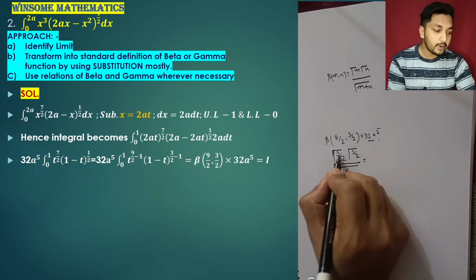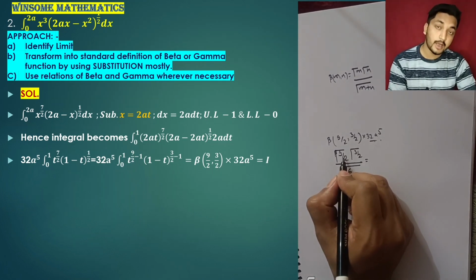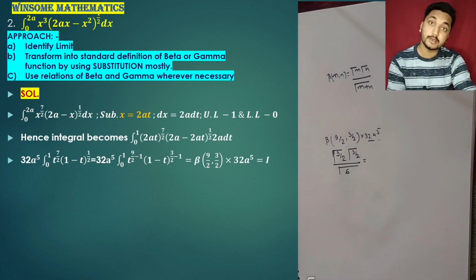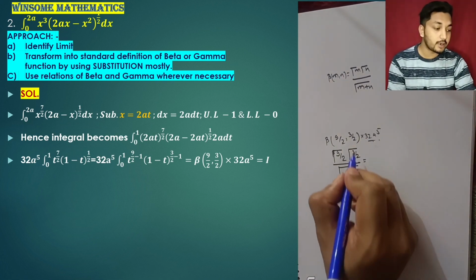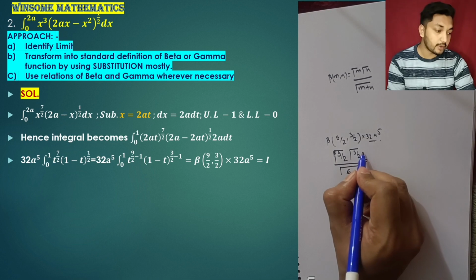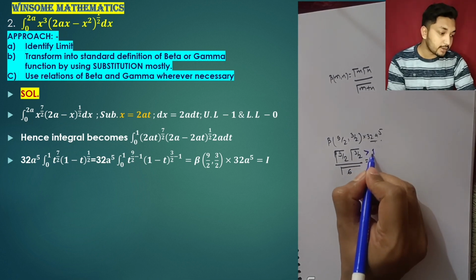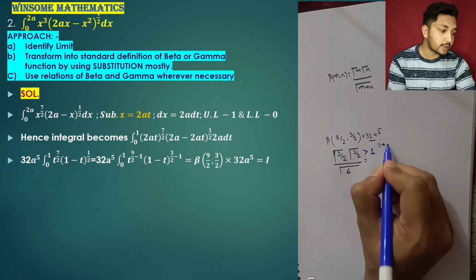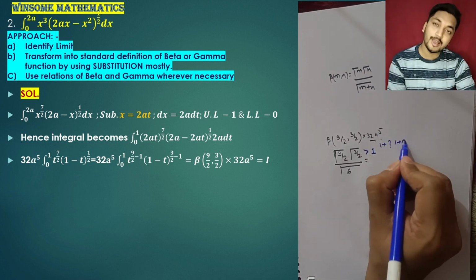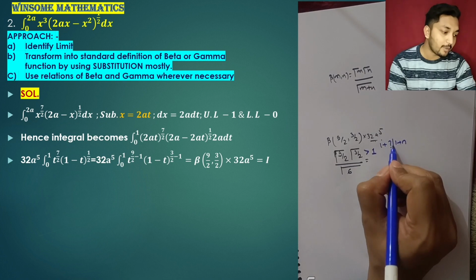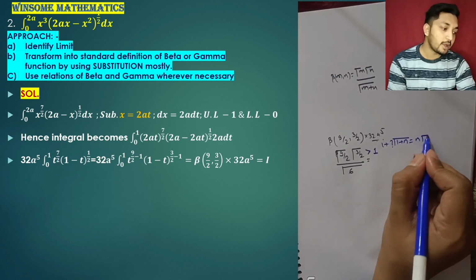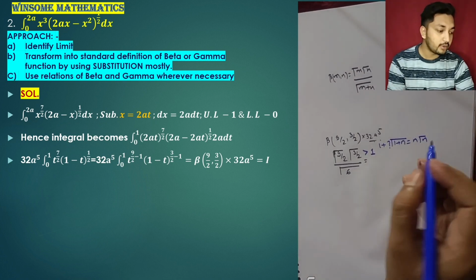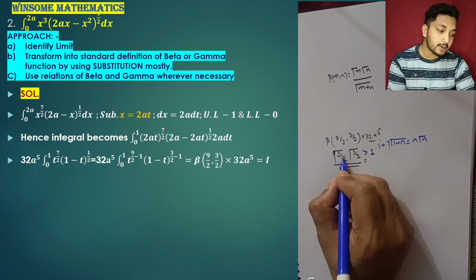Okay. So how will we calculate it? I already told you in the previous lecture, in the lecture of gamma function, how to solve this gamma. Okay, so this is greater than 1. We identified it, so we will use 1 plus something. That is 1 plus n, and it must strike in your mind that gamma 1 plus n is equal to n gamma n. Clear. And we know also the trick of how to write 9 by 2.